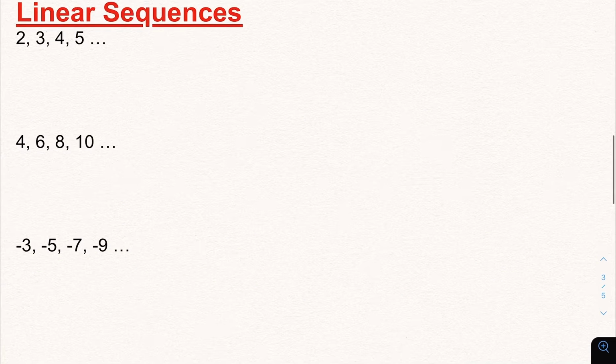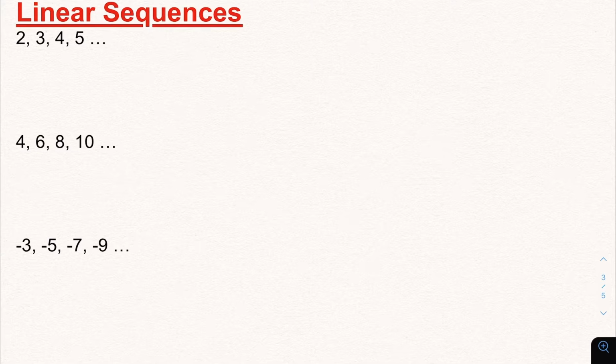Alright, so the next one is linear sequences. These are sequences with an nth term. Instead of describing sequences like in the last part, you have to come up with the equation of the sequence.